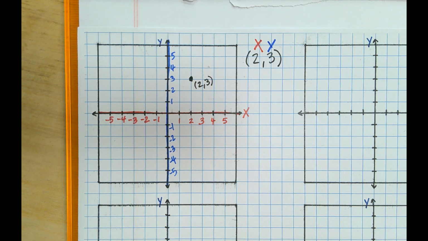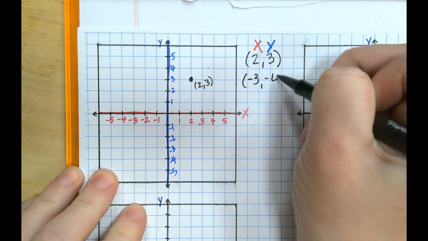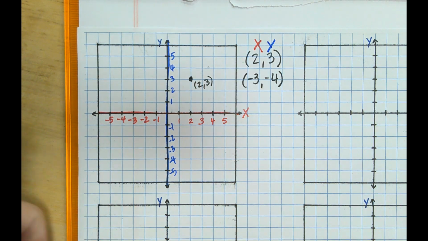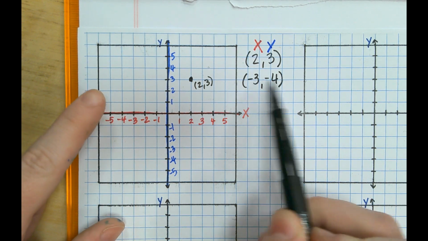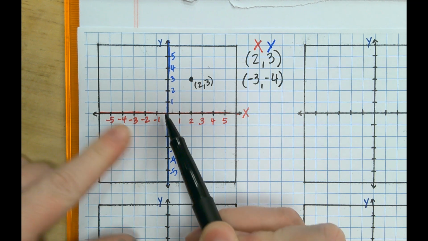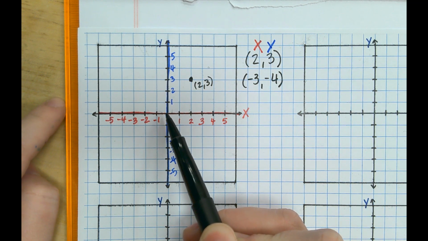So now let's do (-3, -4). If I wanted to plot the point (-3, -4), how far over to the left or right should I start with? You're going to go over to the left 3 times. Good.